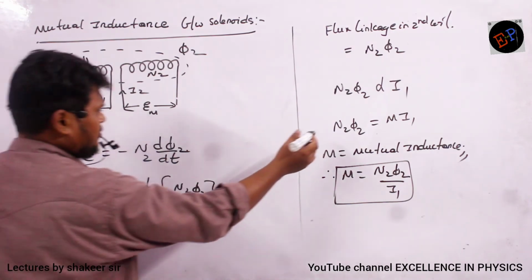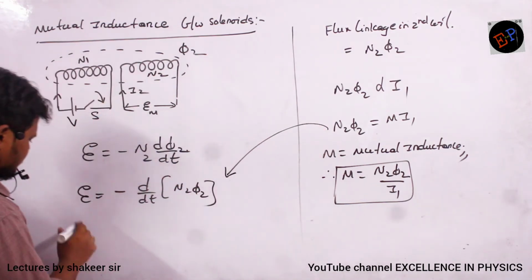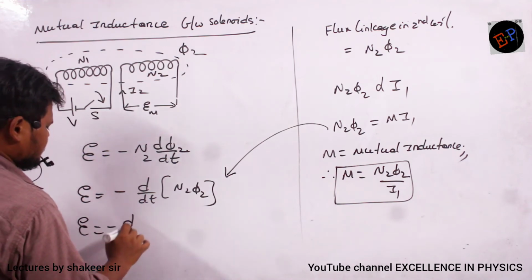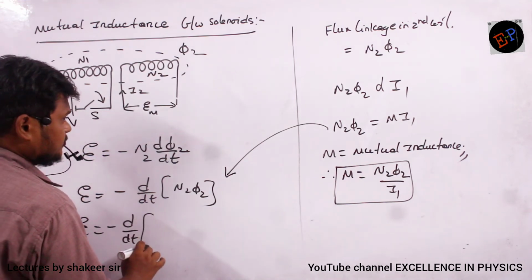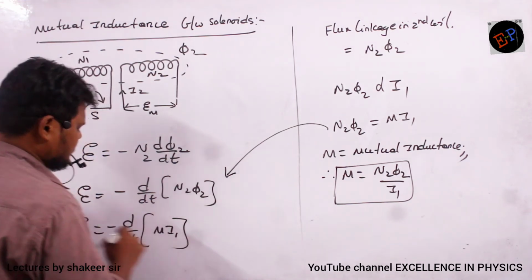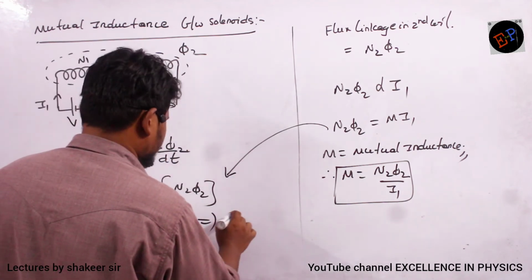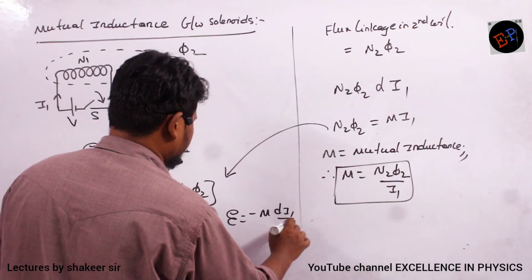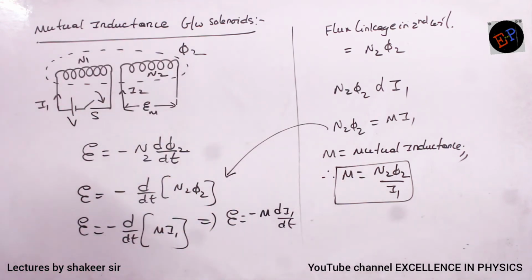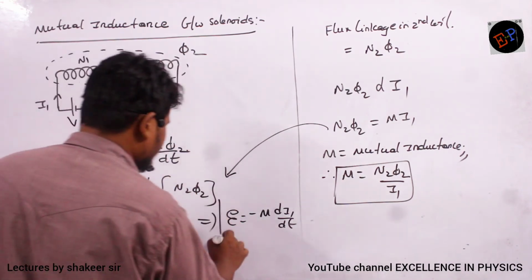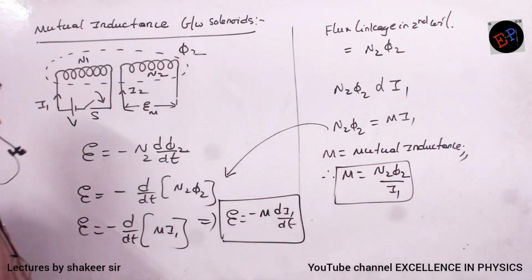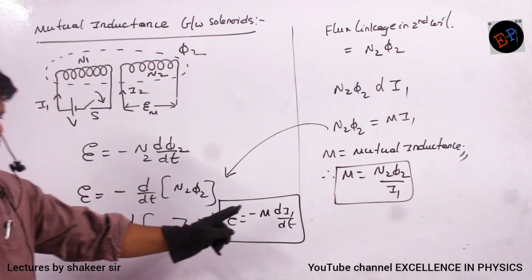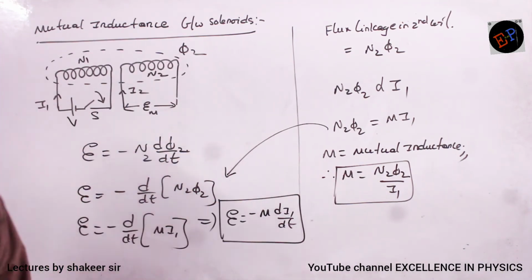And N2 phi 2 can be written as M into I1. Substitute here: minus d by dt of M into I1. So if I take M outside, EMF is equal to minus M dI1 by dt. Okay, ma? So this is another equation of relation between EMF and mutual inductance present between the coils.